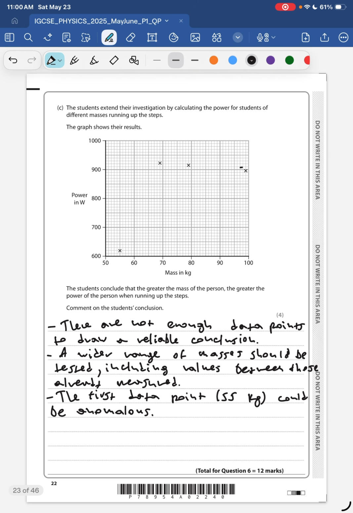For these 3 data points, including this one, the idea is that the heavier person should have the most power, but that's not the case. Okay, this was question 6, so let's move on to the next question.